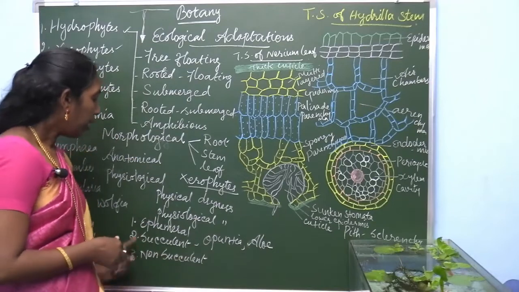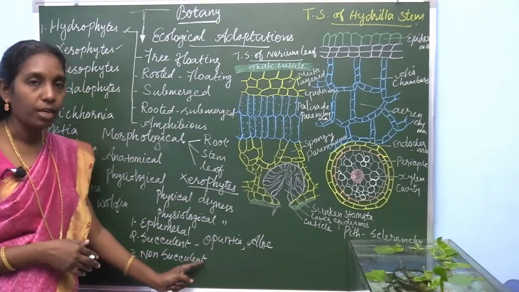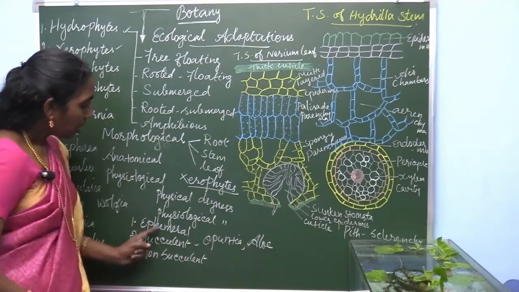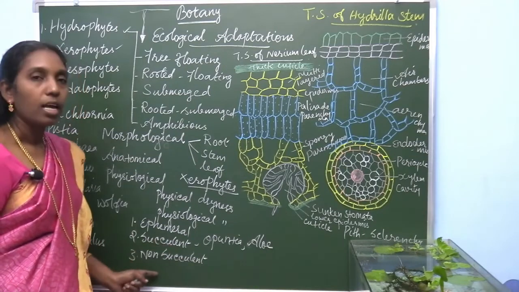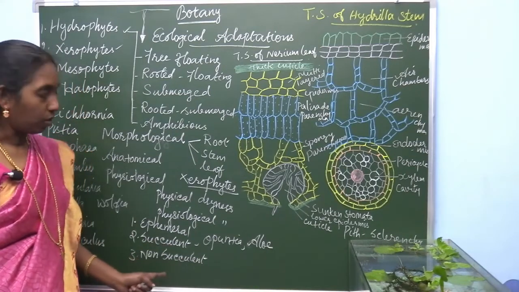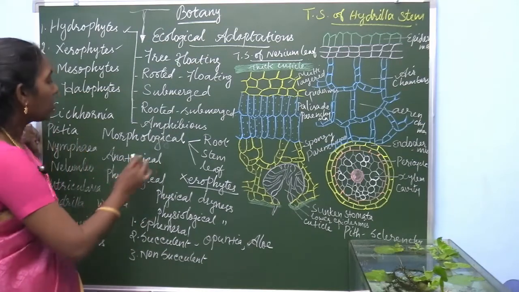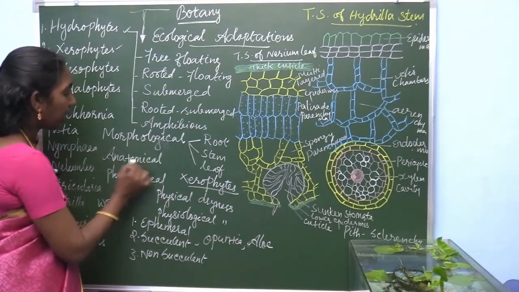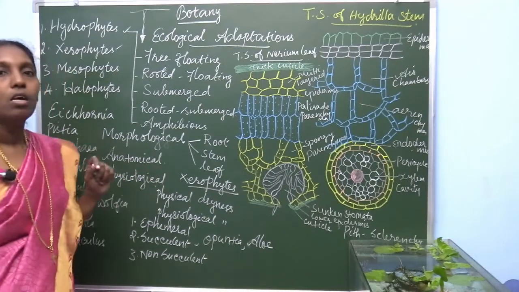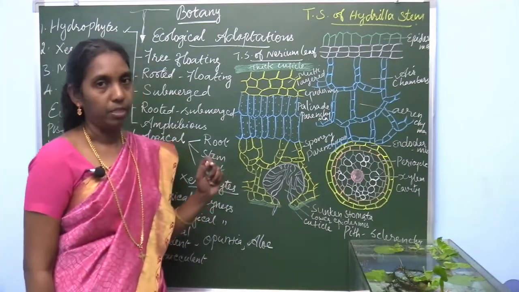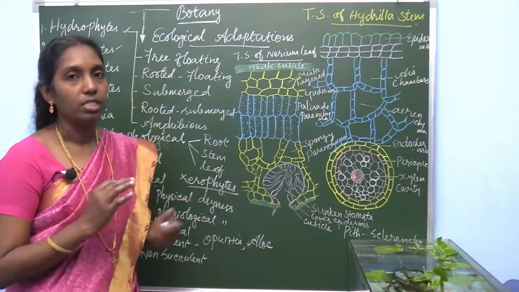So, based on the adaptations, these xerophytic plants are classified into ephemeral, succulent and non-succulent. Now, what are the adaptations? You can write about morphological adaptation, anatomical adaptation as well as physiological adaptation. What are the morphological adaptations?